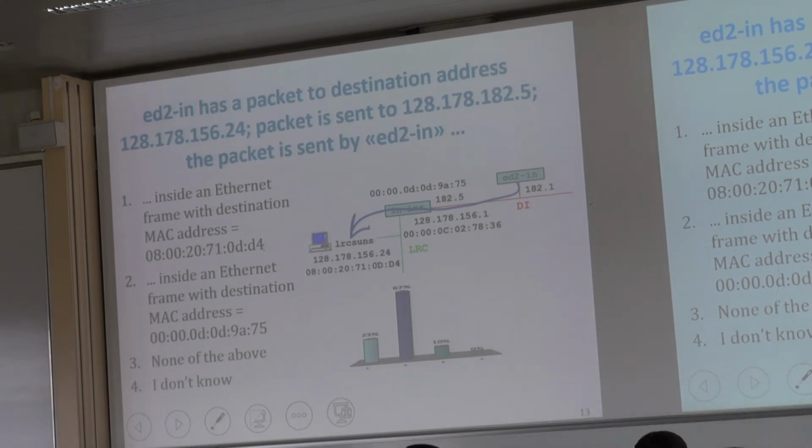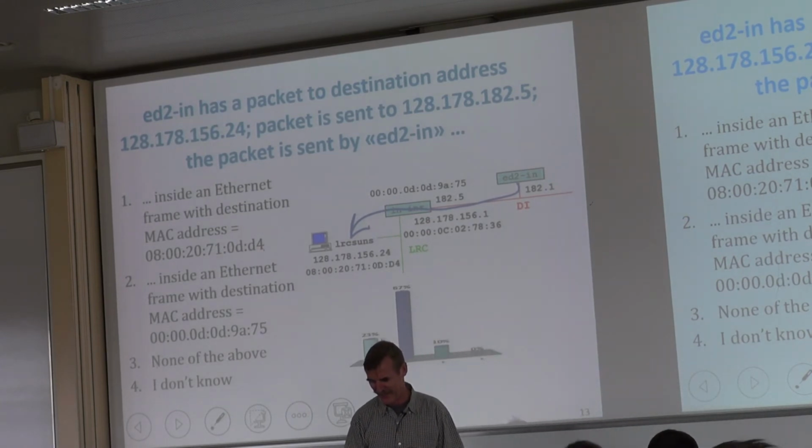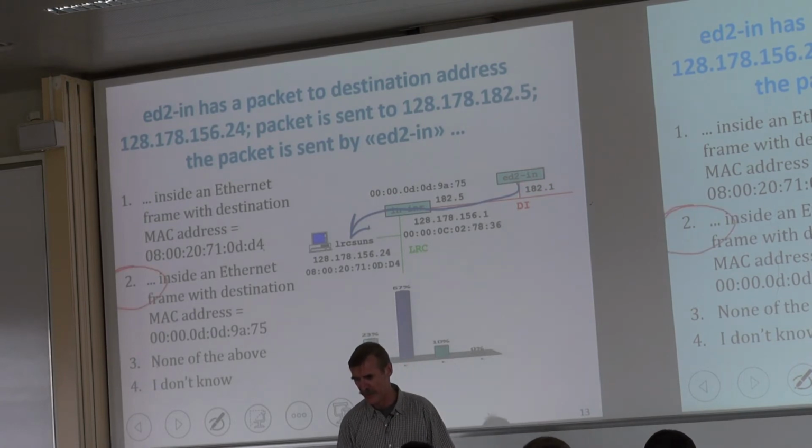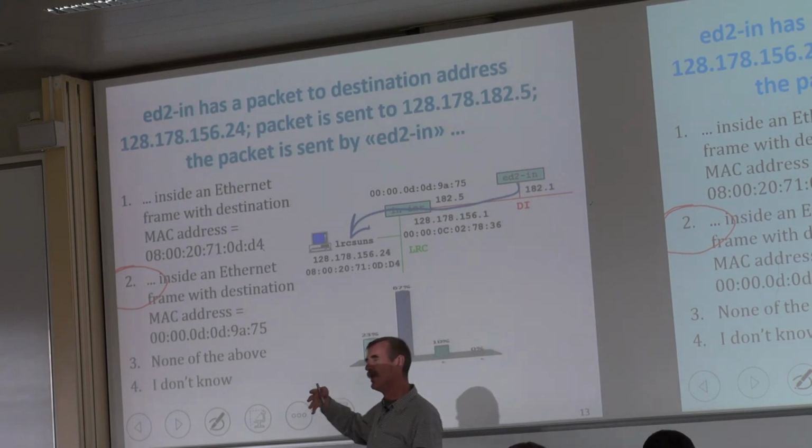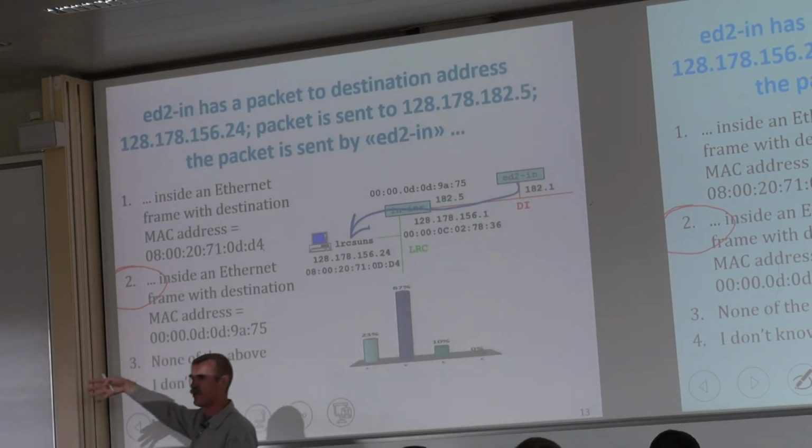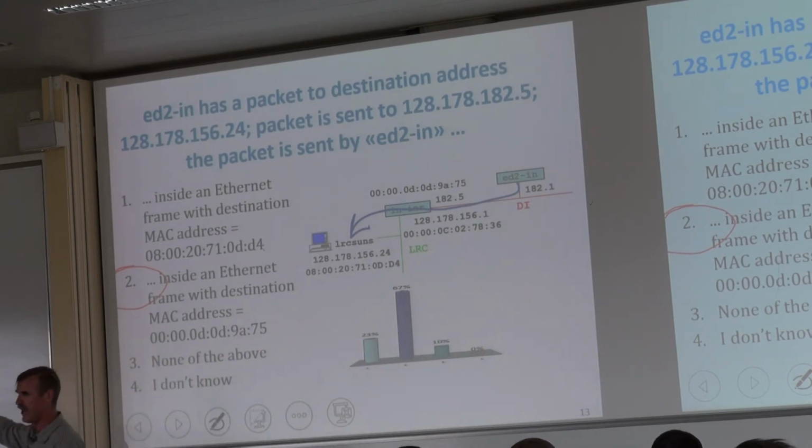That's, of course, the correct answer. It's a repetitive question, I've asked it several times. You send to the MAC address of the next hop. So in the ARP example we saw, the destination address was also the destination MAC address.